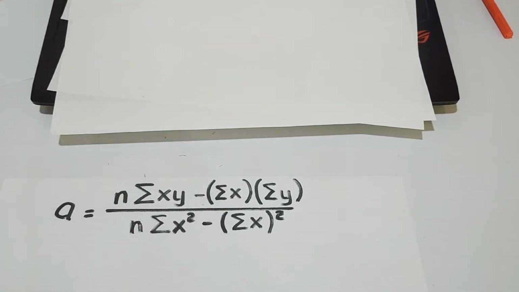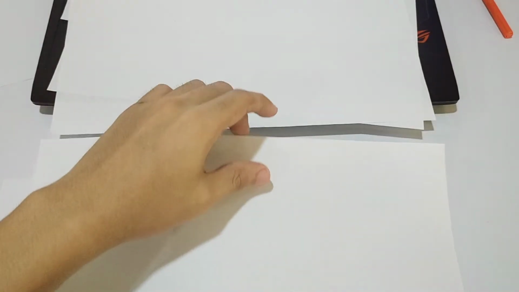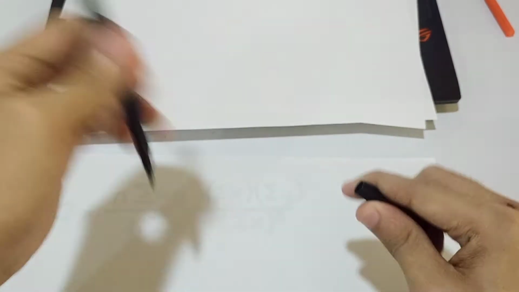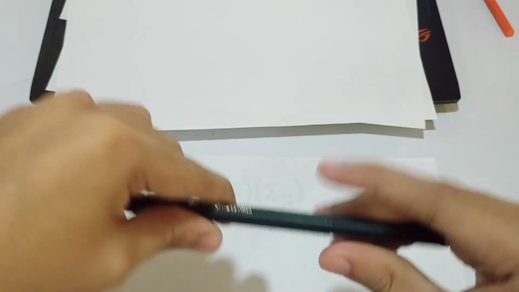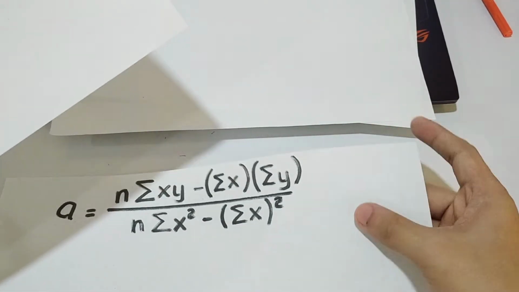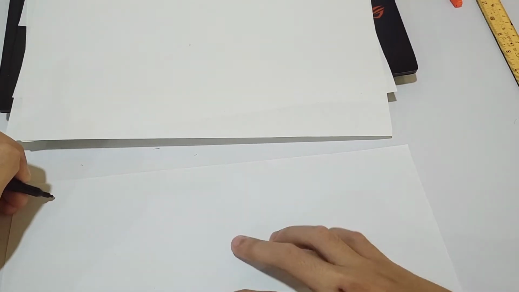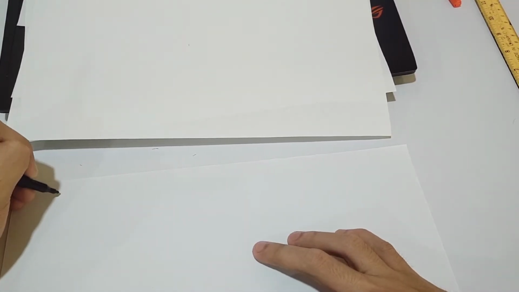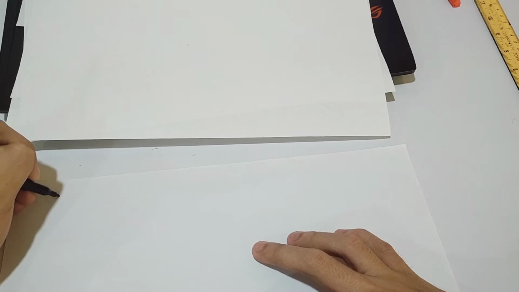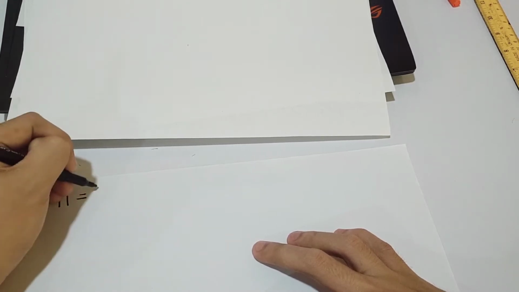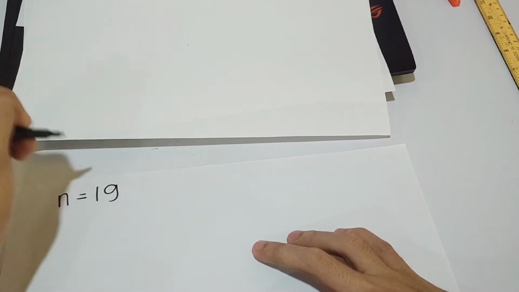Before we proceed with our computation, we first need to write down all that is given, or all that we have known. We know that we have a sample of 19, so n equals 19.